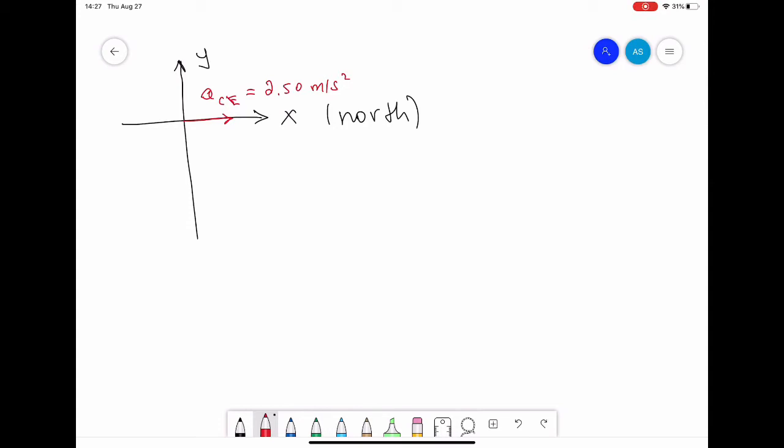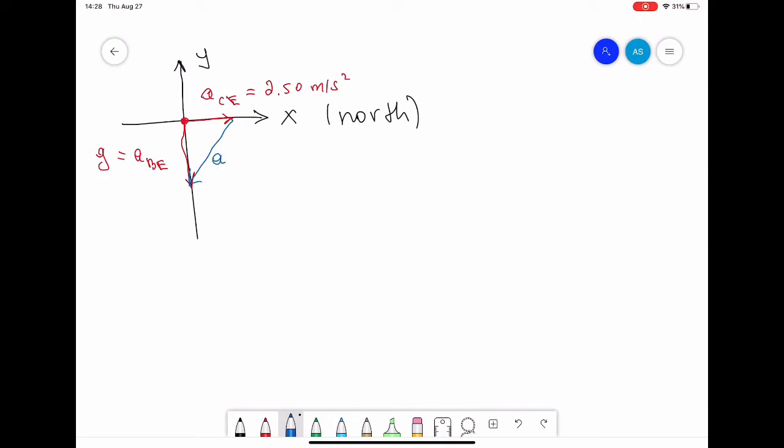Then we have here our bolt. So then we have the acceleration of the bolt relative to the Earth, which is actually the value of g. Now, when it's released from rest, we will see that we're going to have this acceleration.